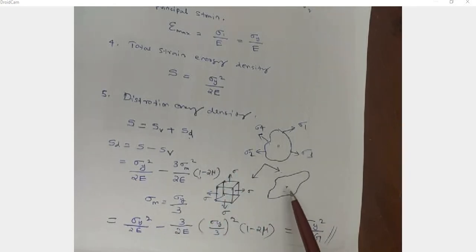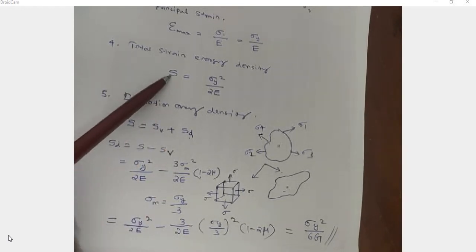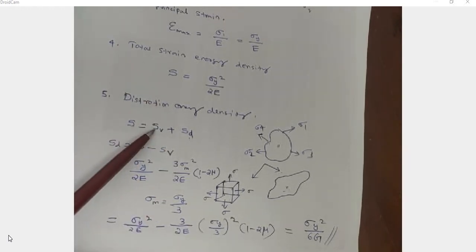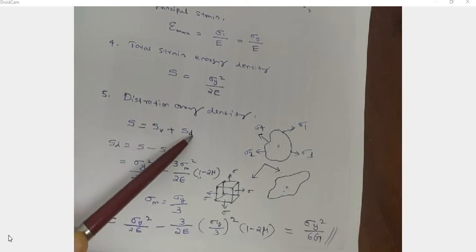So distortion energy is the amount of energy stored in a strained body that is developed based on the distortion. Out of this total strain energy, there are two parts, volumetric strain energy and distortion strain energy.